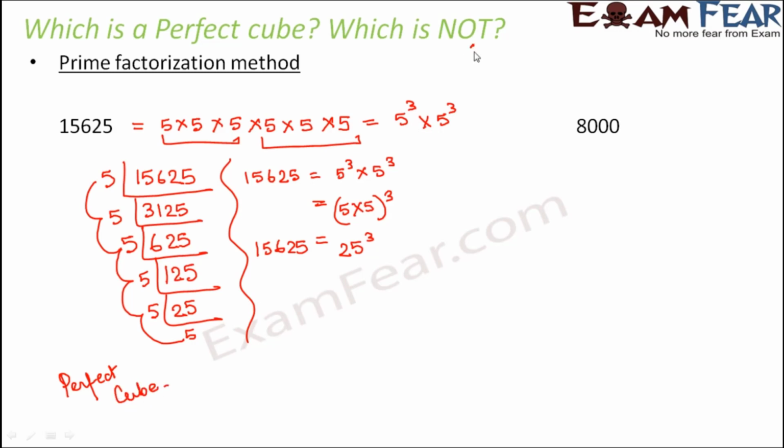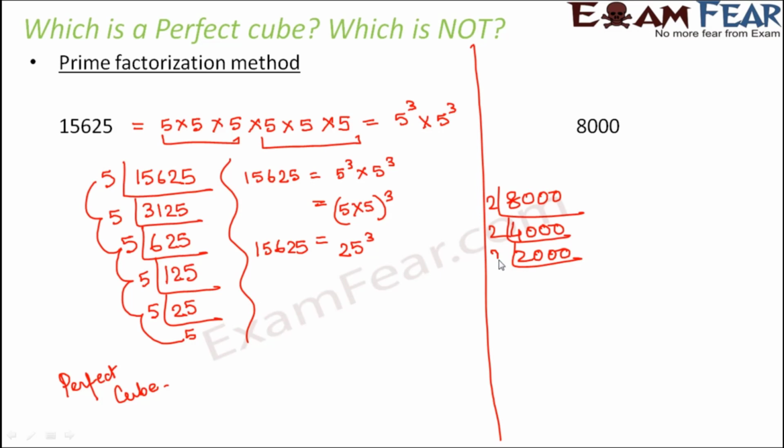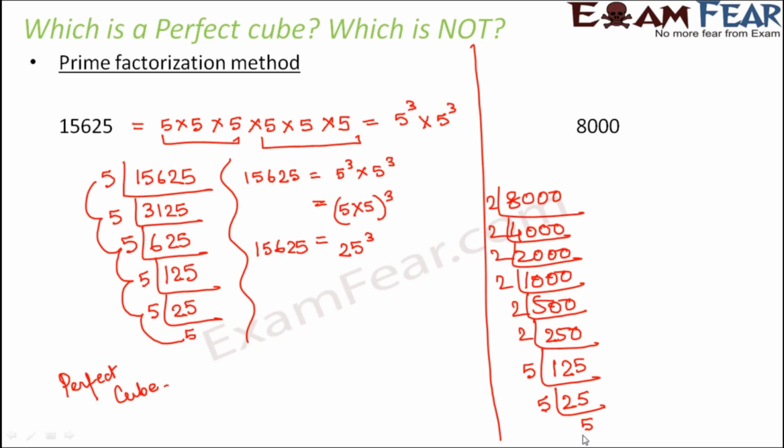Let's look at the next number, 8000. Let's prime factorize the number 8000. The smallest prime number that divides it completely is 2. So let's take 2, and keep dividing by 2 until we reach 125, and then divide by 5, and again by 5.